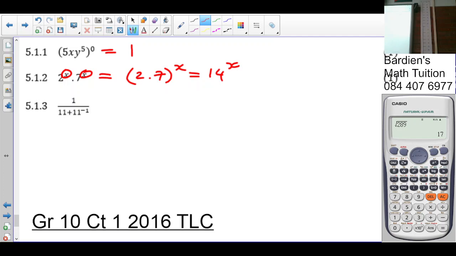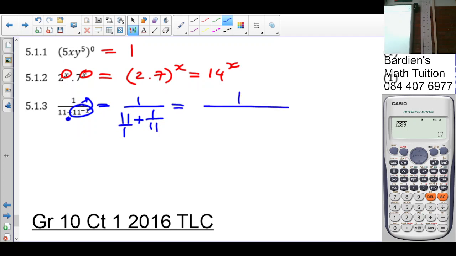The next one, as you can see here, this can be written as 1 over 11 plus 1 over 11. Why can't I take that up? Because there's a plus or minus between it. It is simply 1 over, you've got an LCM here of 11, so you times it by 11, so it's 121 plus, you times by 1.